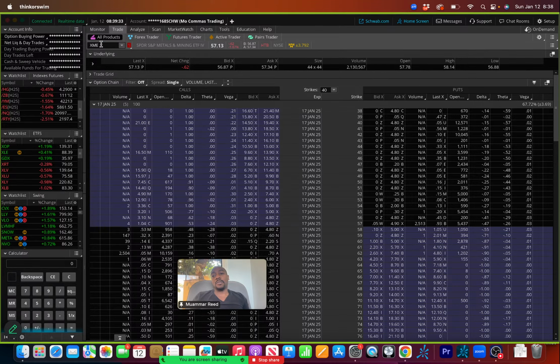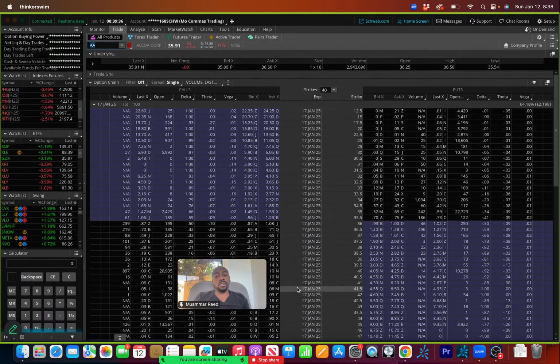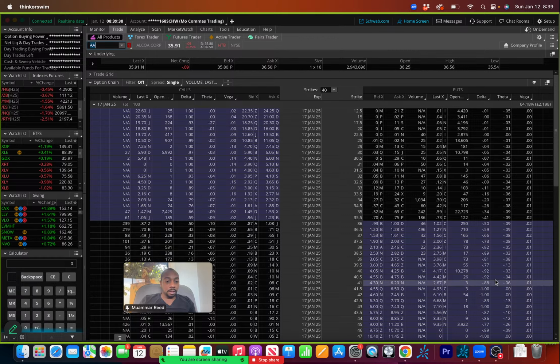And let's look at Alcoa, because we also do have OPEX on Friday. Looking at Alcoa, they just have liquidity at certain strikes, right? So look at this. It's illiquid, but at this 40 strike, it's mad liquid.